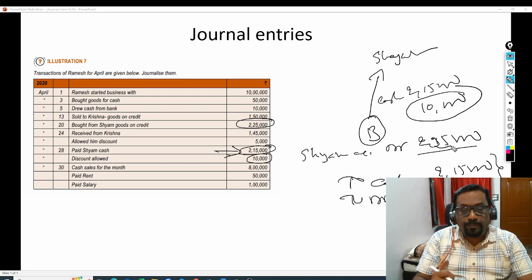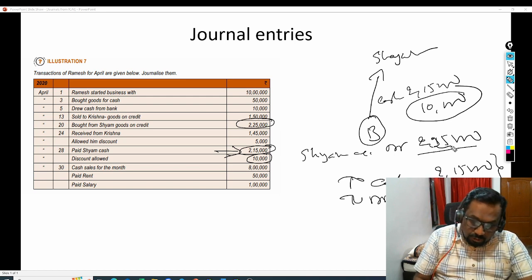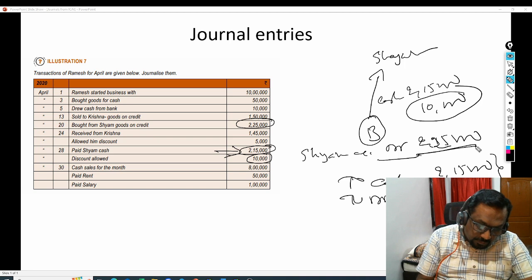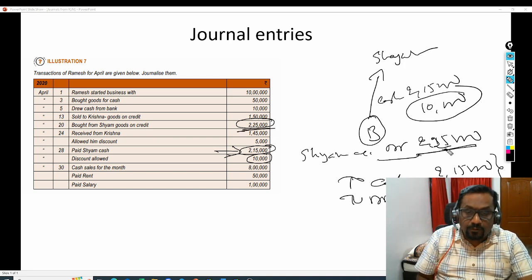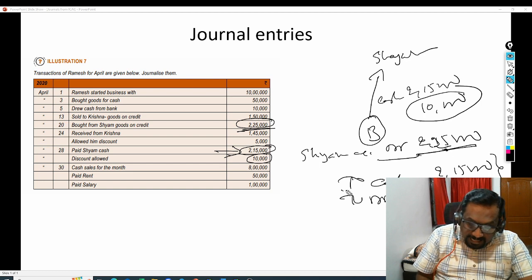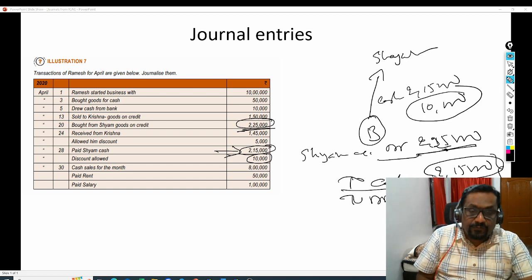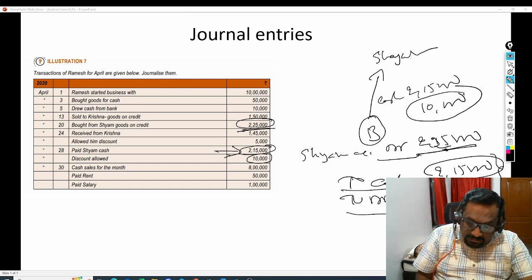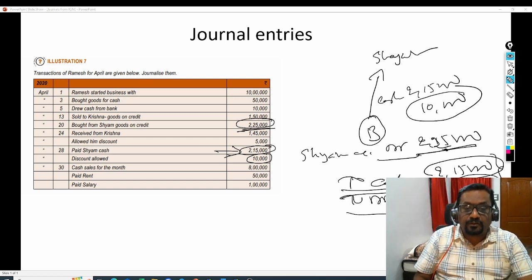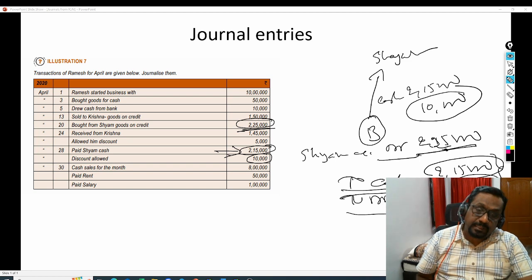This is how you need to make up your journal entry. So Sham account 2,25,000. Totally we have to pay 2,25,000, so we debited Sham to the extent of 2,25,000. Cash is going out only to the extent of 2,15,000, and we received a discount, which is an income for us, and I credited that amount, 10,000, as per nominal account. This should be the entry.